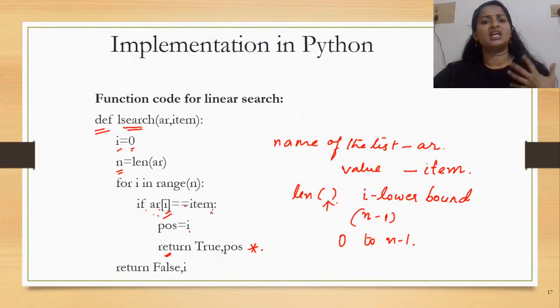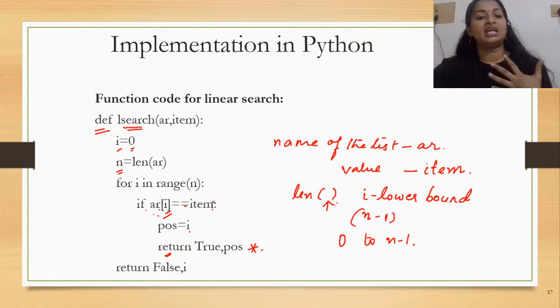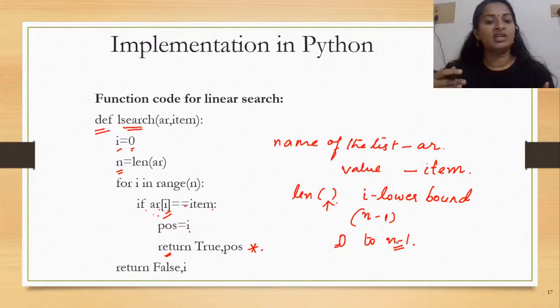Now, what if the if conditional never evaluates to true? That means you travel from the lower bound till the upper bound, and in no case have you found the item inside your list. In that case, your conclusion is that the item is not present inside your list, right?